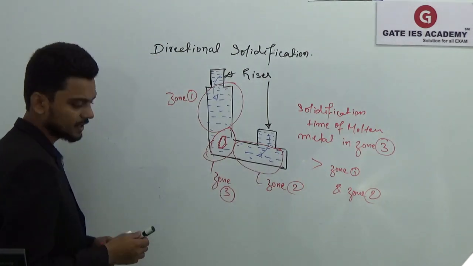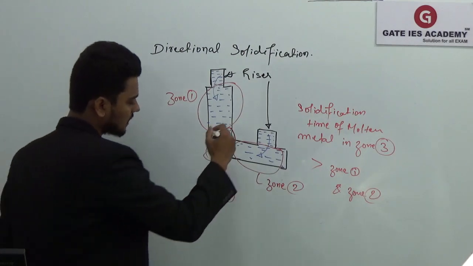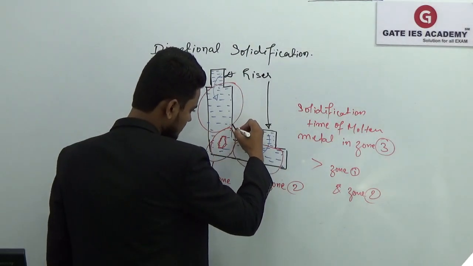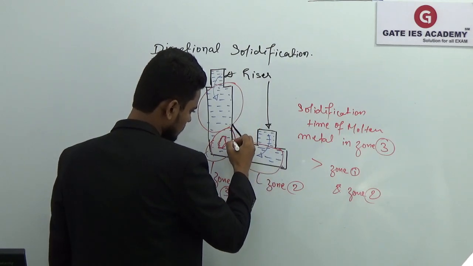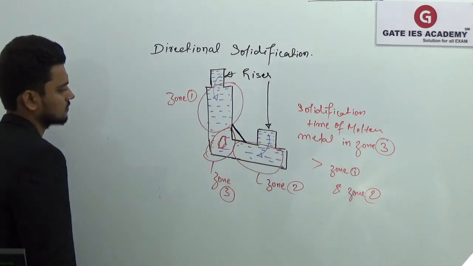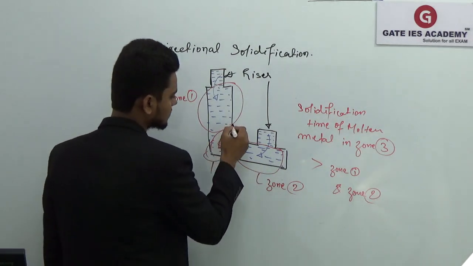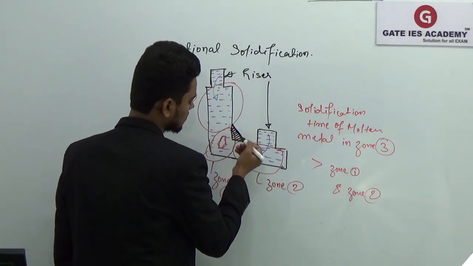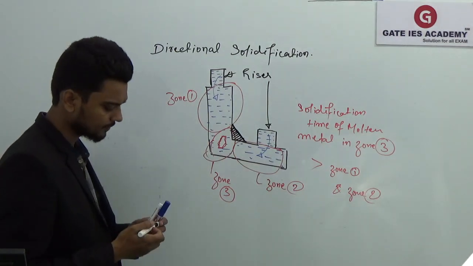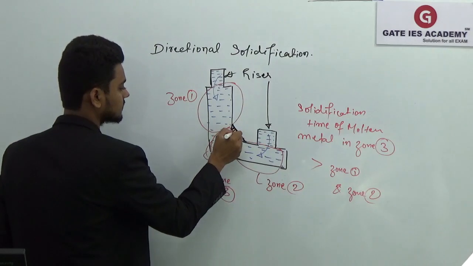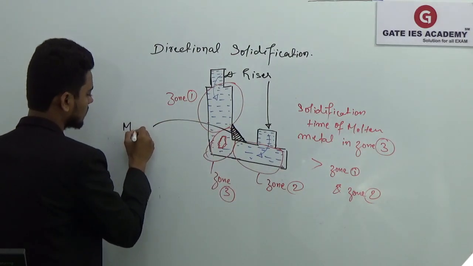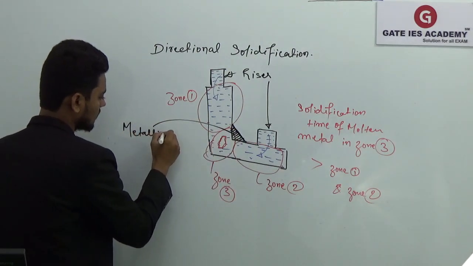So what we will do is place some metallic plate at the corner. This is your metallic plate.